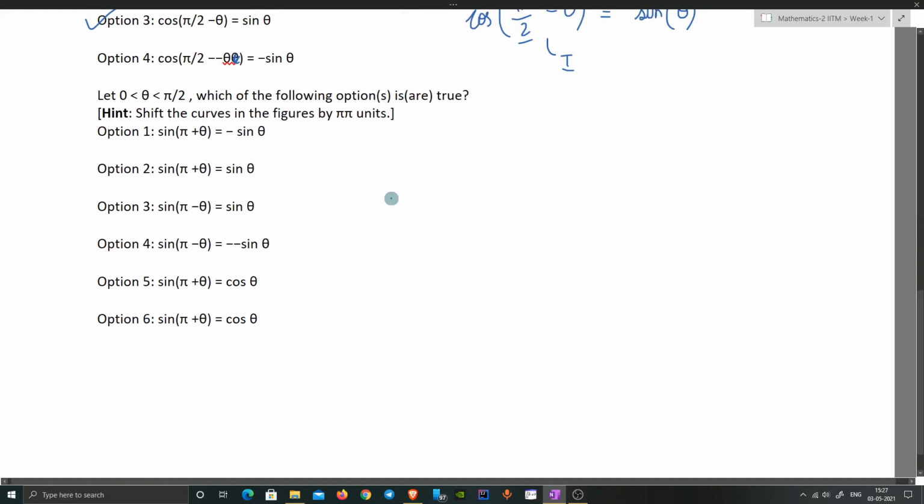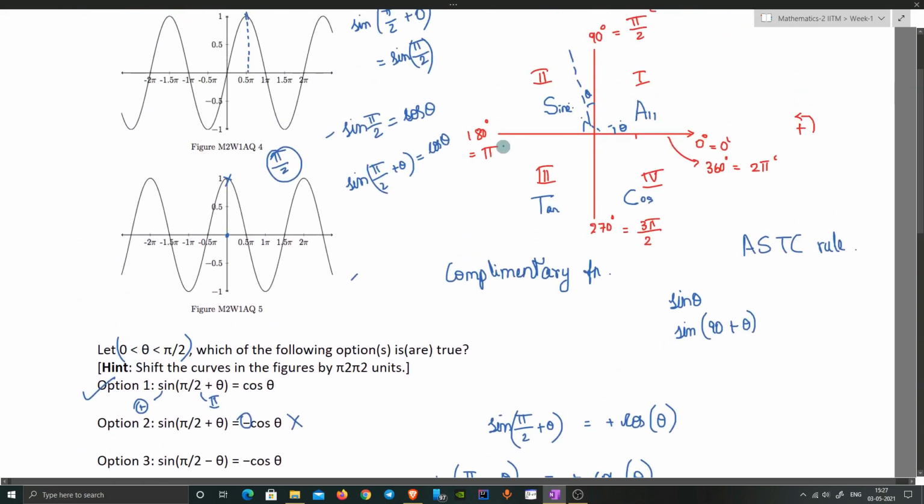The fourth question: we have sine of pi plus theta as well as sine of pi minus theta. So sine of pi plus theta. Where is pi? Pi is here, so pi plus theta is somewhere around here.